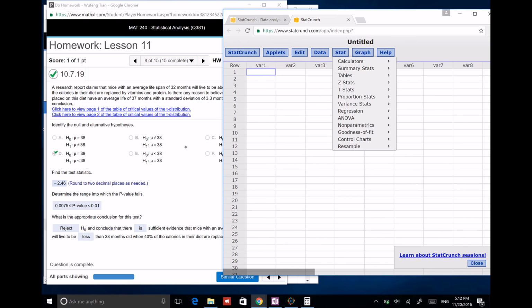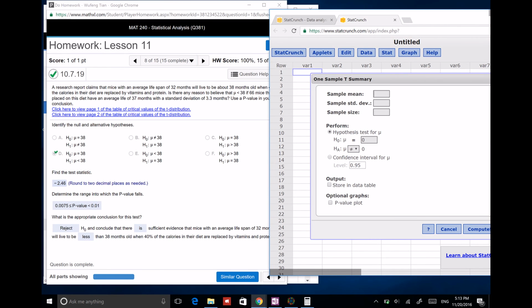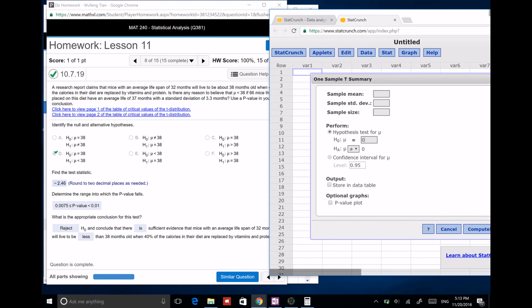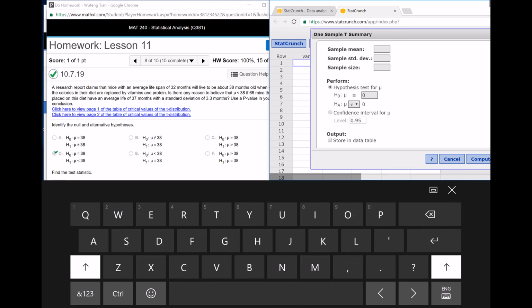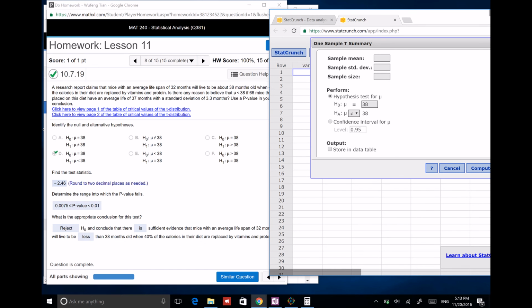Stats, T Stats, one sample, with summary. You type in everything. When 40% is replaced, the hypothesis is less than 38, so change that into 38. The null hypothesis is less than. The sample mean is 32.